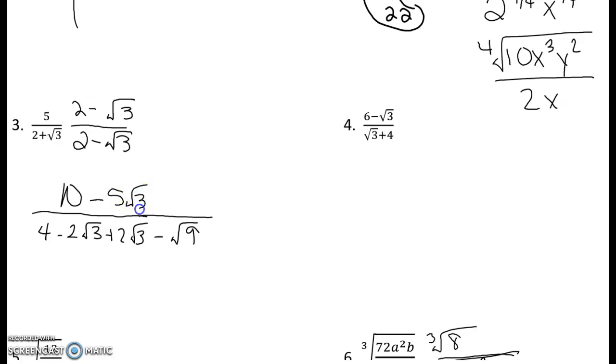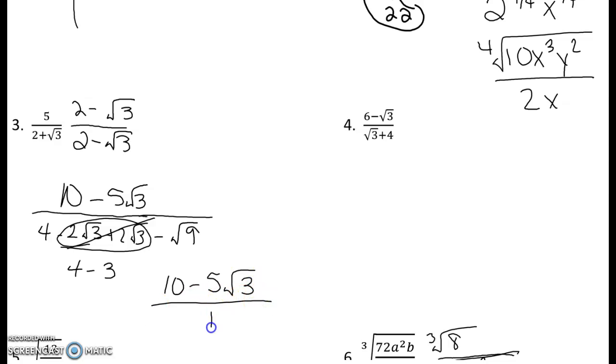So these middle terms are going to cancel out, and I'm going to get 4 minus 3. So my final answer is 10 minus 5 root 3 over 1, which would just give me the answer of 10 minus 5 root 3.